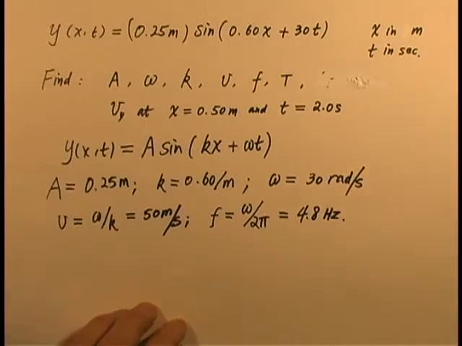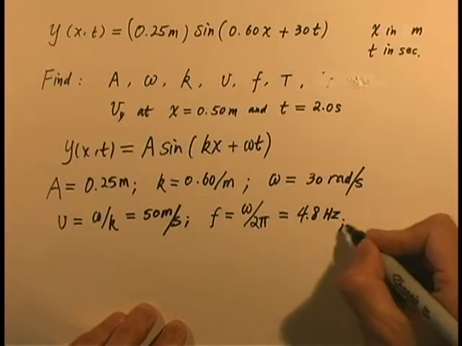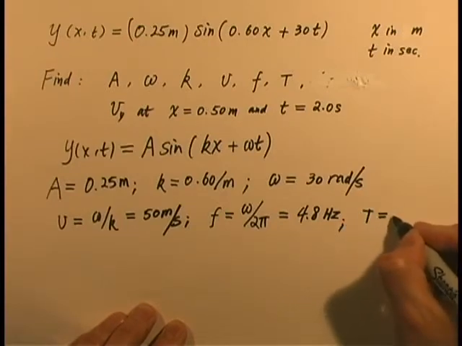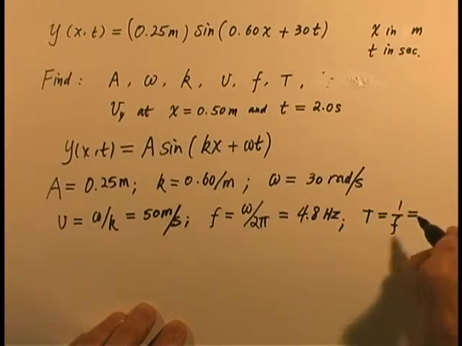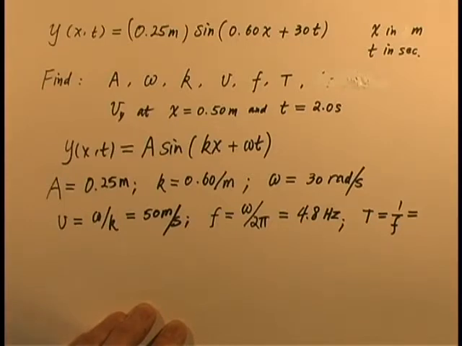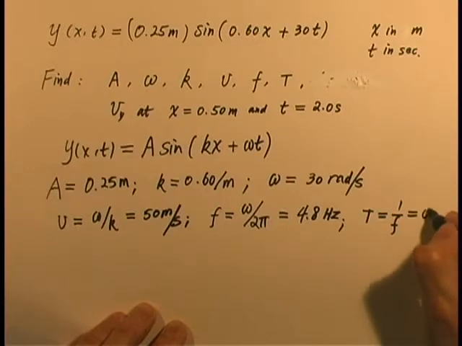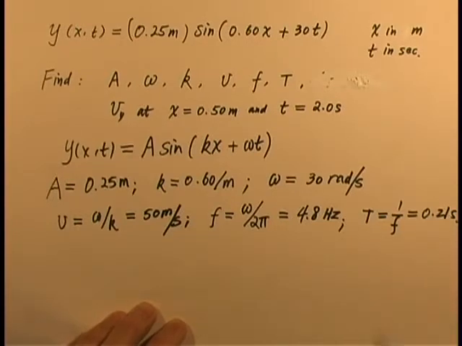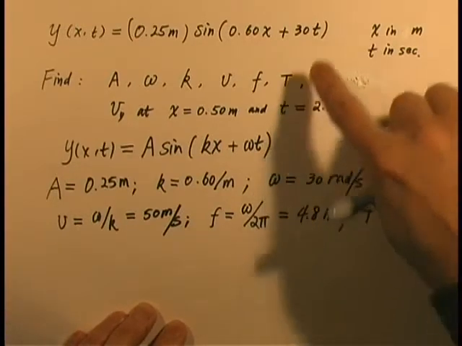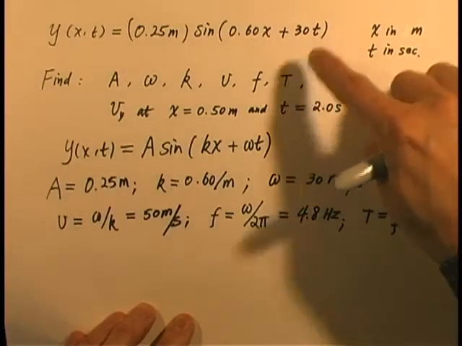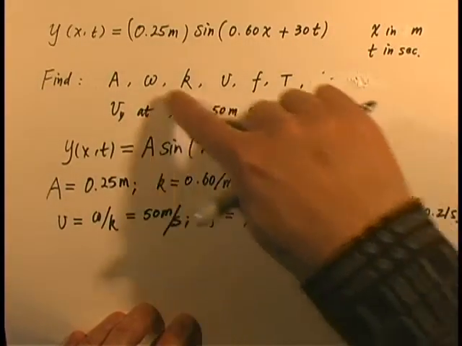Okay, that is the frequency of the wave. And what about T then? Well, T is the reciprocal of f, so T is 1 over f. And what do we get? You invert that, you get 0.21 second. So you see, by comparing this given form with the standard form, we can find all the parameters we're looking for.